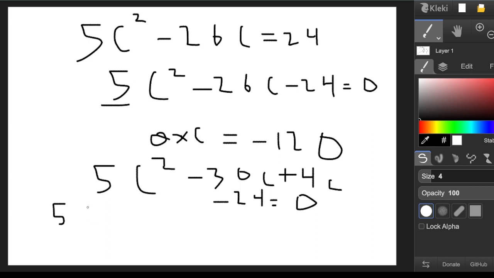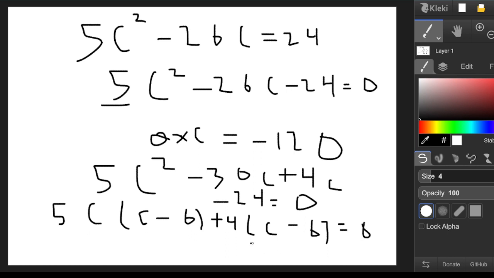Again, there are multiple ways of this sort of grouping technique, but this is how I like to do it. So we get c minus 6. And on the right side, we can just take a plus 4 common, and we'll end up with c minus 6. This equals 0. And since these two are the same, then we've done it correctly.